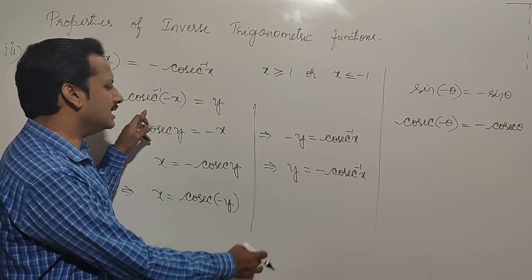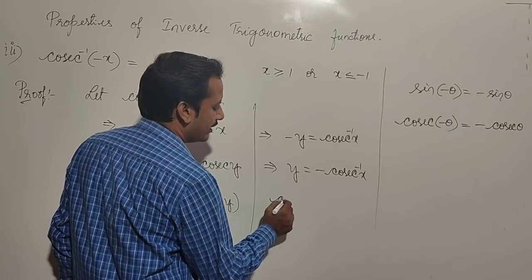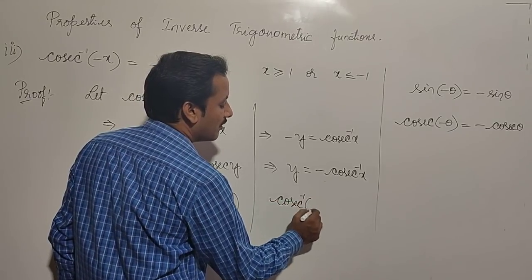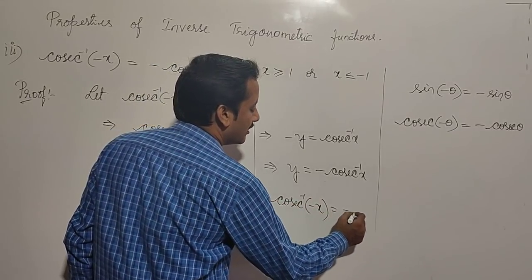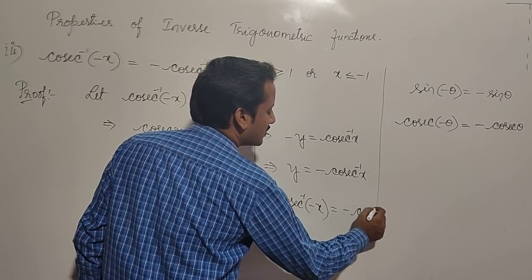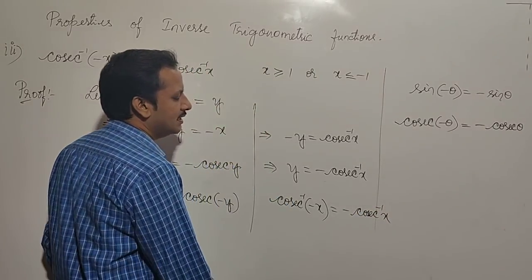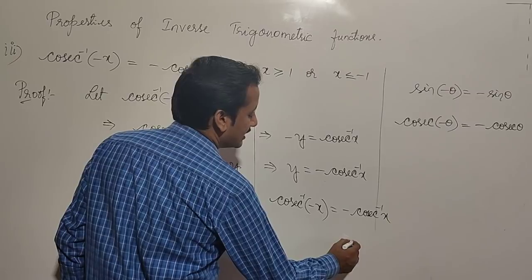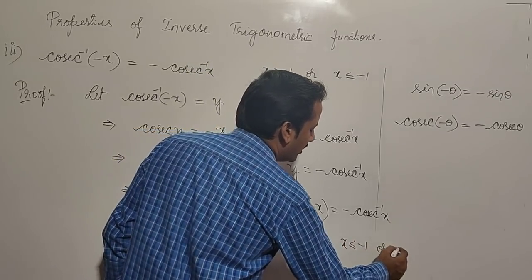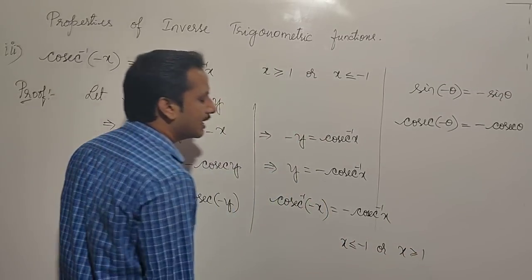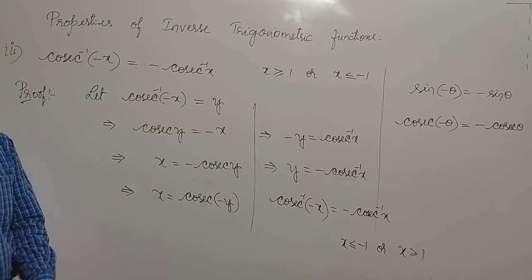By comparing these two equations, we can write cosecant inverse of minus x is equal to minus cosecant inverse x whenever x is less than or equal to minus 1 or x is greater than or equal to 1.